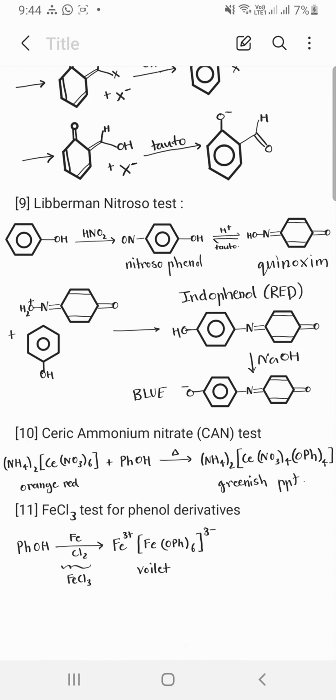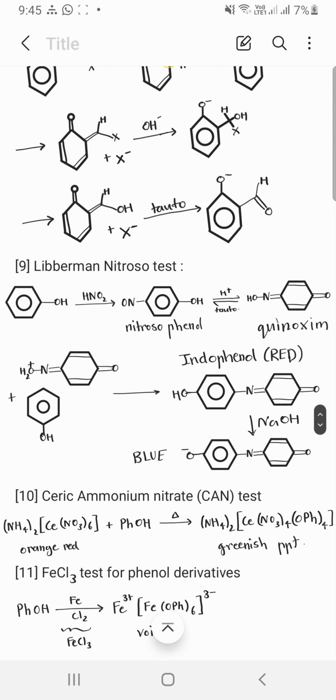Ceric ammonium nitrate test is a little different. I guess this is not just for phenols but for generic alcohols, but for phenols it is with phenolate ions. For alcohols it's not with ions, it's just normal alcohols coordinated by lone pairs and d orbitals accepting electrons and stuff. Yeah, that's for normal alcohols.